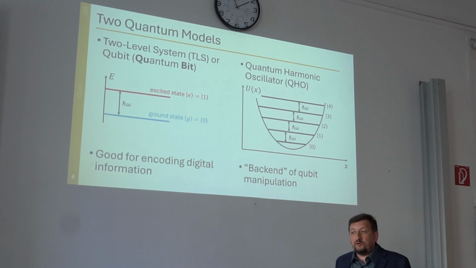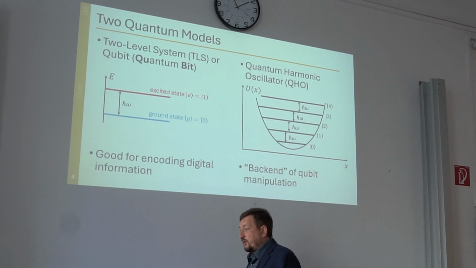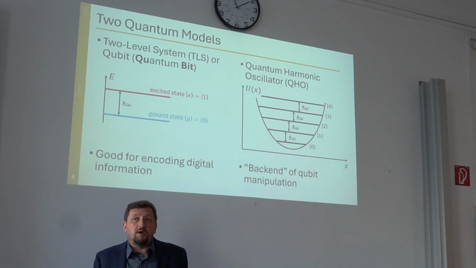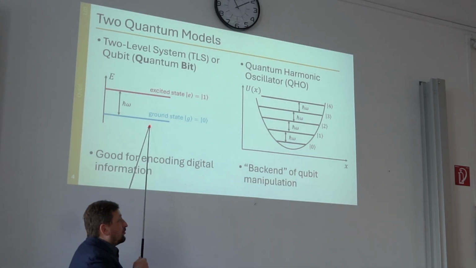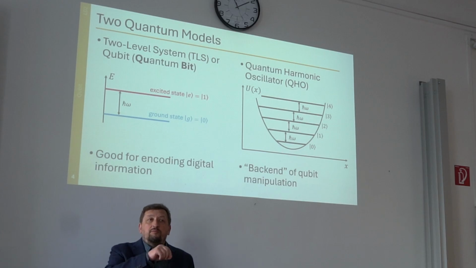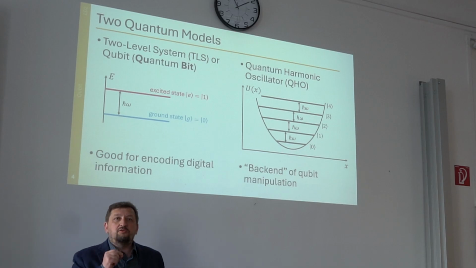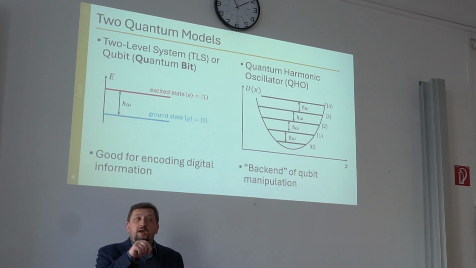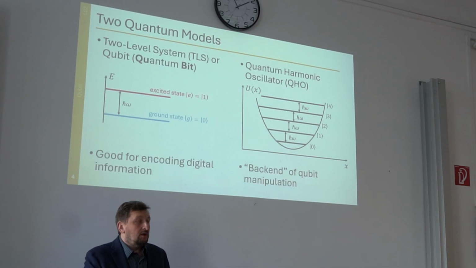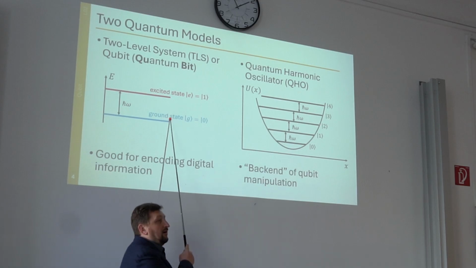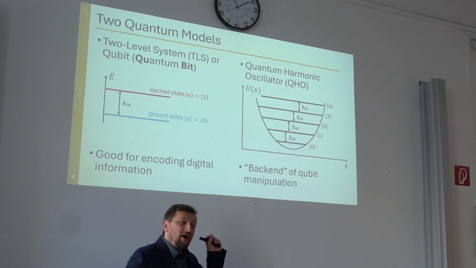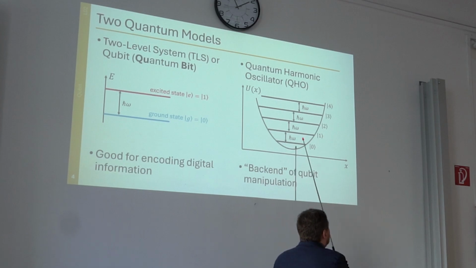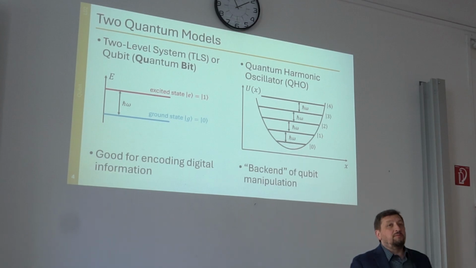So when we look at, say, a current quantum computer from IBM, we have qubits, two-level systems, but we have a lot of microwave resonators which are used to control the behavior of the qubit, to do some operations on qubits, and to read the state of the qubits. So this is our digital quantum bit, the qubit, and this is actually the machinery for how we do stuff with qubits.